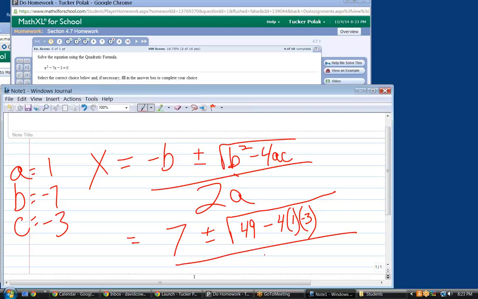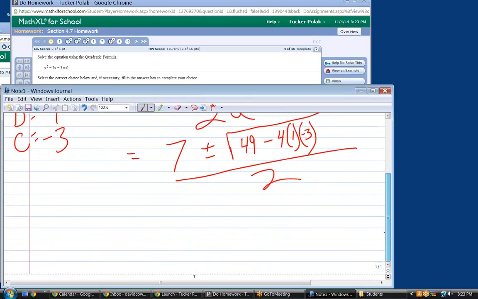Now, what's 2a? I have to have a 2a under here. A is 1. 2a is 2.